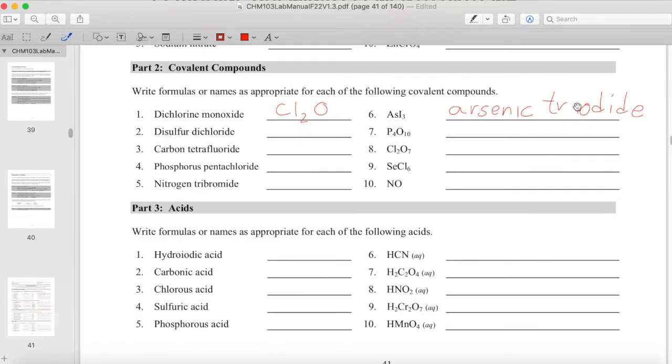Now, when you have 2 vowels next to each other, I've seen this written both ways. So triiodide, I think, is probably a correct way of writing this. Sometimes you can drop that I and just call it triodide. I don't think I hear that as often. I think most people say triiodide, and that's okay.